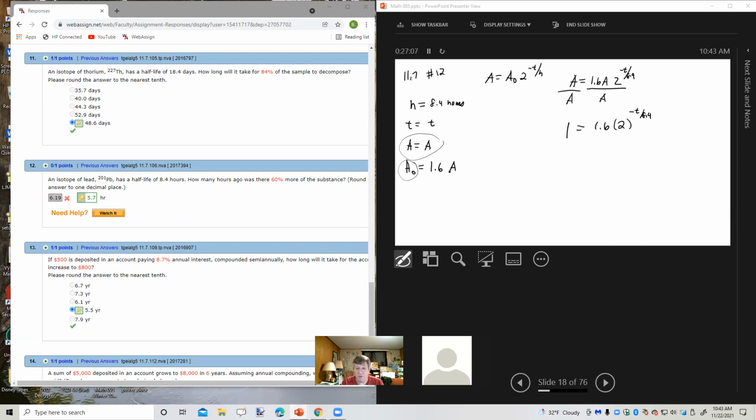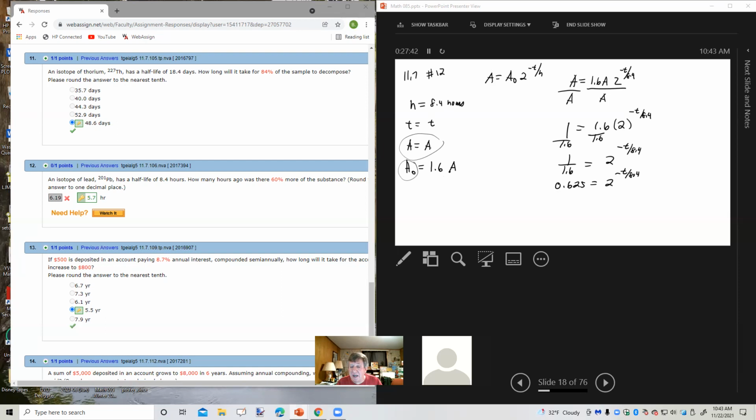However, before I can convert this to a logarithmic equation, I have to get rid of that 1.6 in front of the exponential part. So we'll divide both sides by 1.6. We get that. Now, 1 over 1.6, if I put that into my calculator, 1 divided by 1.6. Oh, it comes out nicely. 0.625 equals 2 to the negative t over 8.4 power.